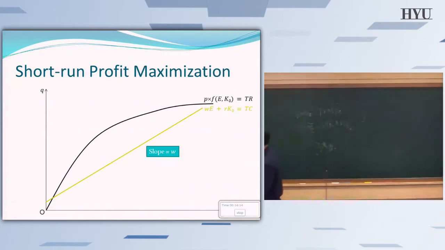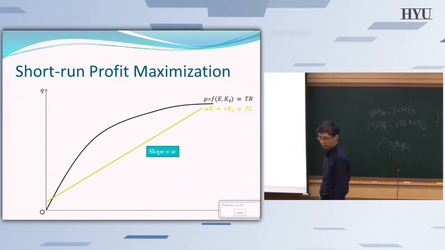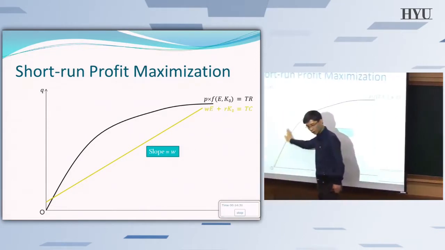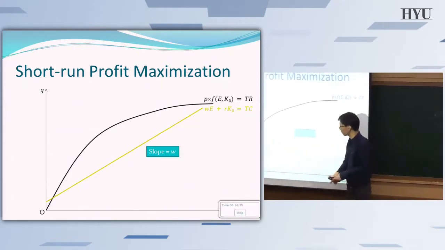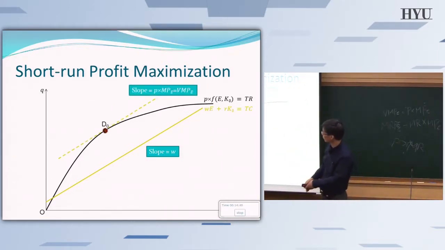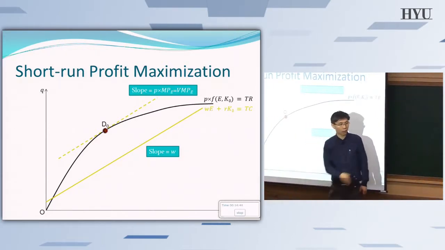So what the producer should do is to pick a point which makes the distance the greatest. So obviously this one is a pretty bad choice, right? You can make the distance longer.